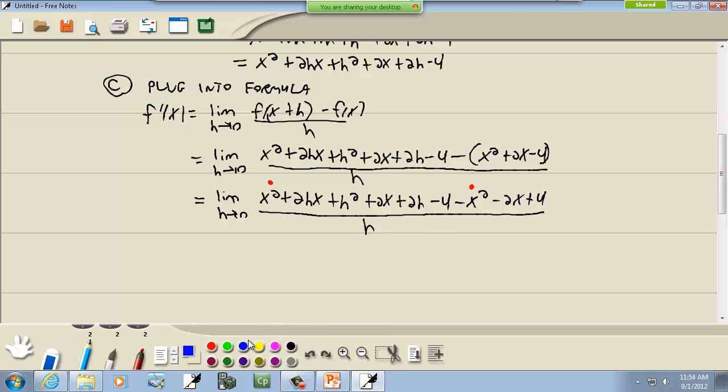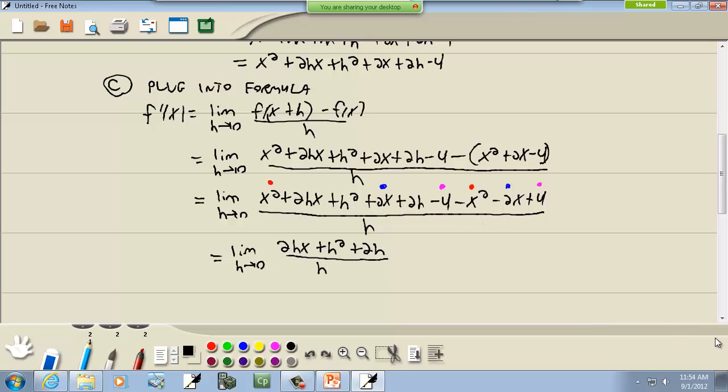Those are going to cancel. We have 2x minus 2x. Those are going to cancel. We have a negative 4 plus 4. Those are going to cancel. So up on top, we're left with 2hx plus h squared. My eyes are kind of running together there. Let me double check myself. 2hx plus h squared plus 2h.